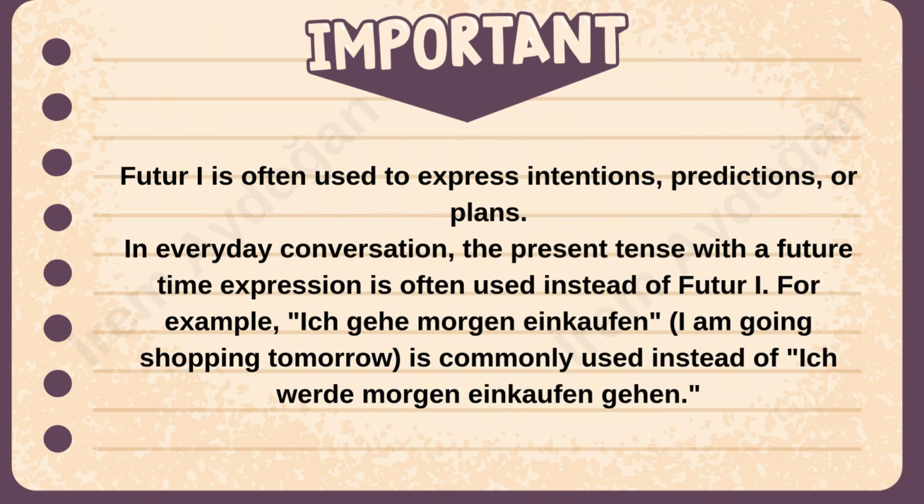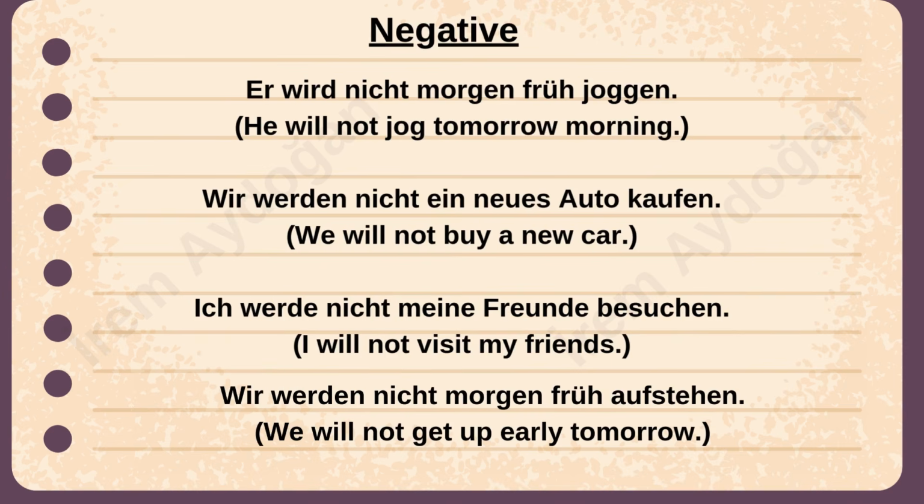Then let's check the negative and yes/no question forms in the future tense. So how can I make it negative? Check the examples. Er wird nicht morgen früh joggen. He will not jog tomorrow morning. Nicht gives me the negative form.